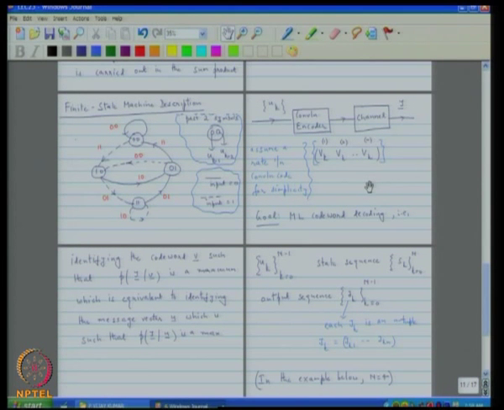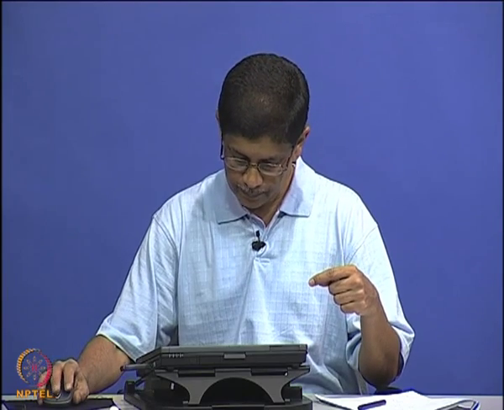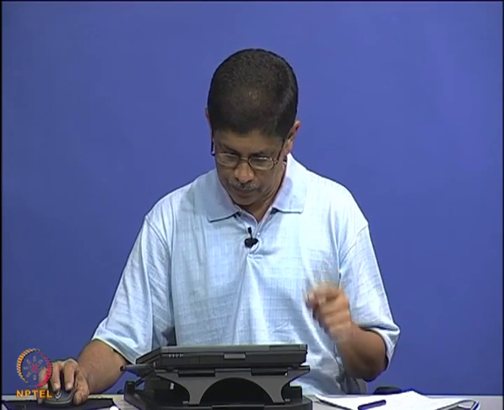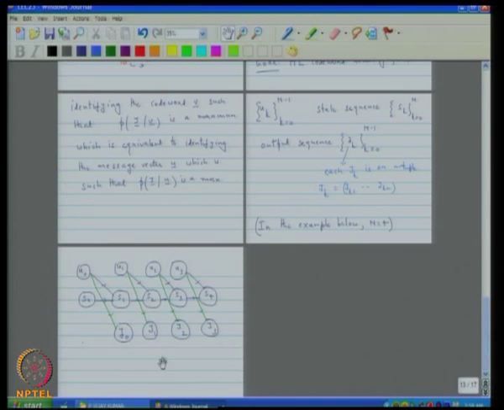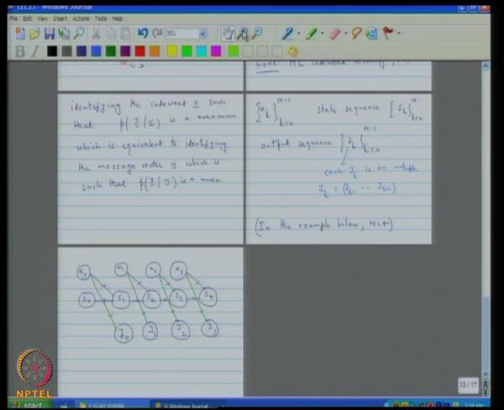Convolutional codes have a rate k by n, where k is the number of inputs and n is the number of outputs. Here we are restricting attention to the case when there is just one single input and then there are n outputs. After introducing notation, I actually introduced this diagram, so we will continue from there.